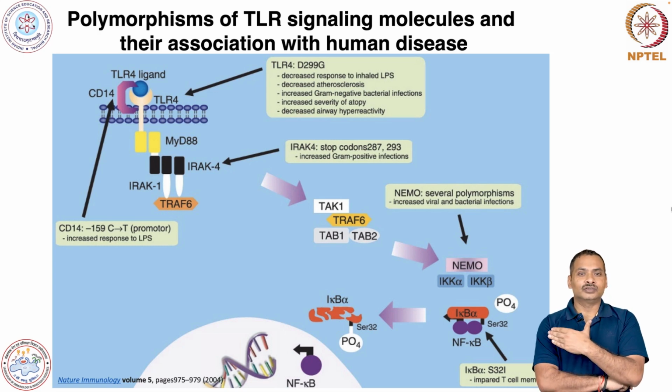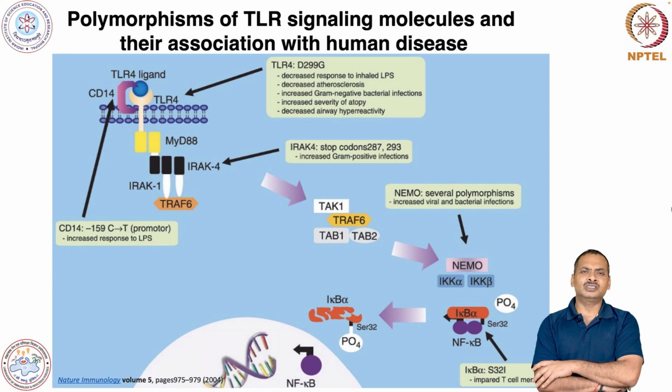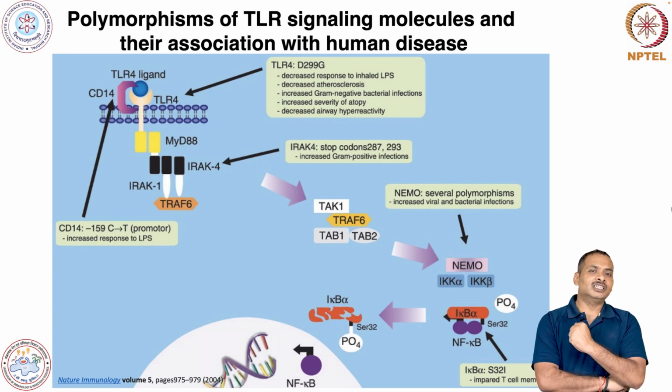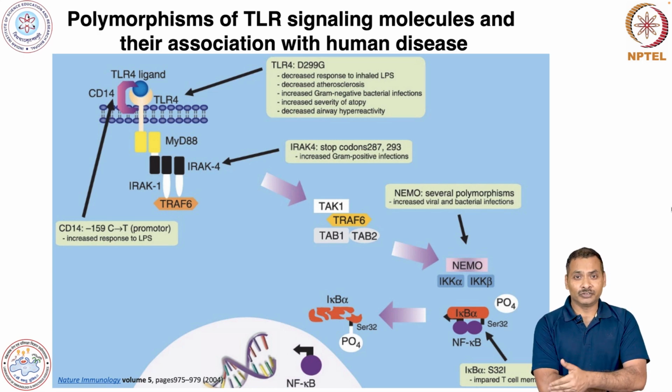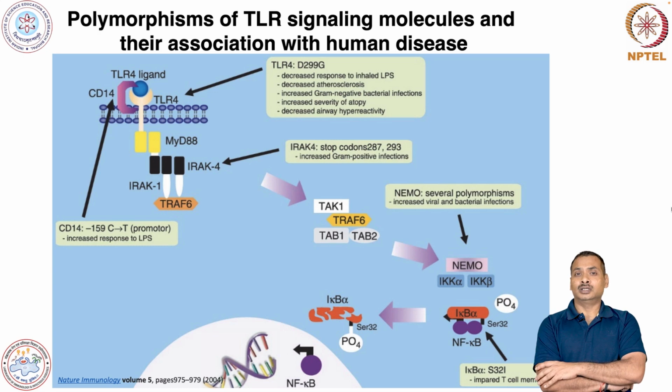I have discussed this in several previous sessions. And this LPS sensing is not so simple, it is a little complicated. You need LPS binding protein, which is present in soluble form in body fluid, particularly in serum or plasma.